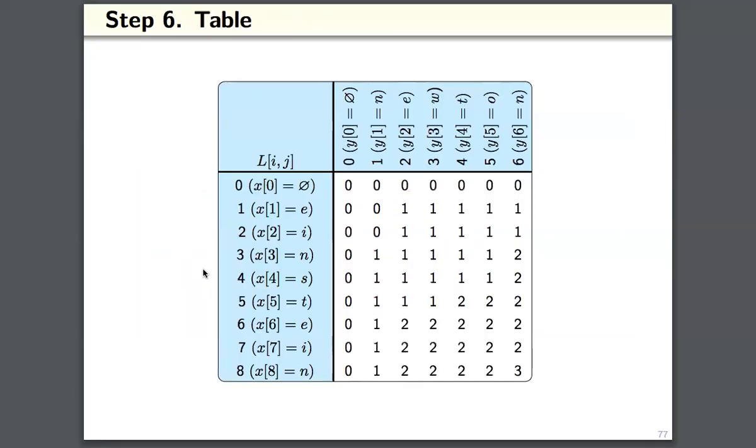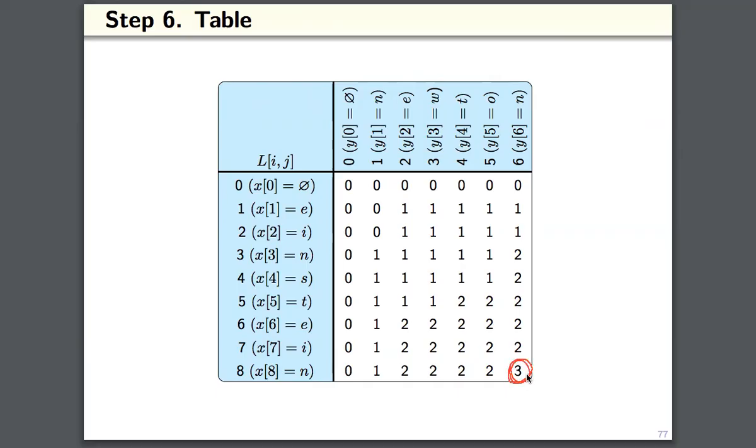Okay, so here is a table. How should we analyze this? Let's try to analyze the longest common subsequence between these two strings, Einstein and Newton. Here the answer is 3. Let's see how we get this.